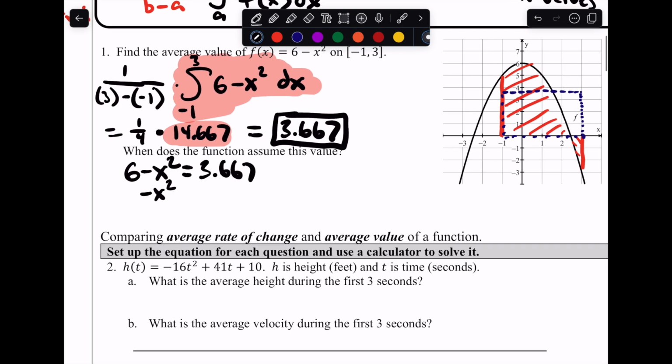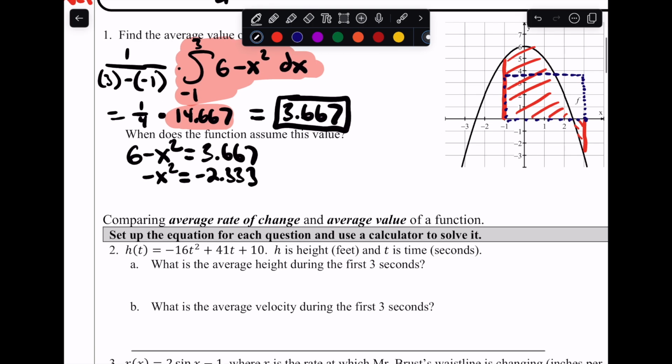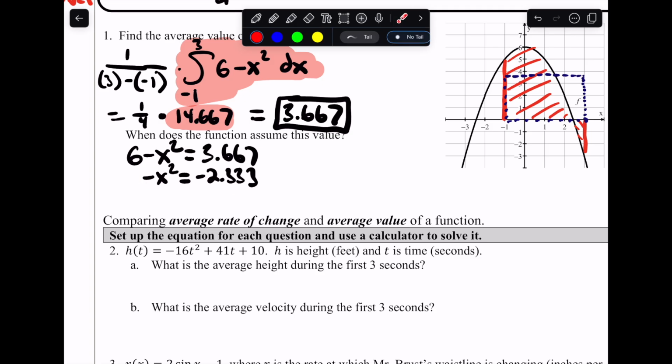That would give me that negative x squared is equal to 3.667 minus 6, which would give me about negative 2.333, repeating. And then we could divide each side by that negative sign, giving me that x squared is going to equal positive 2.333, repeating.